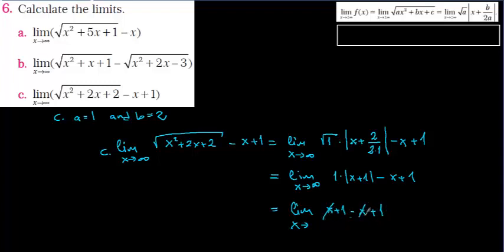This 2, when you simplify, the answer is going to be equal to limit x tends to infinity of 2, and this is constant, so the limit of the constant is going to be constant again, which is equal to 2.